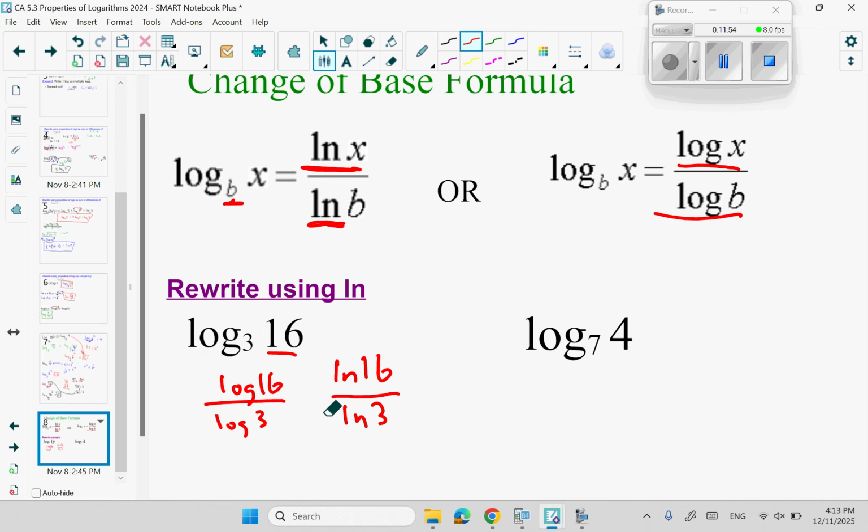This was used back before most common calculators existed, because memorizing or at least writing down every single possible log would be impossible. So they reverted to figuring out a way where they could use a natural base of them. So here, for example, natural log of 4 divided by natural log of 7.